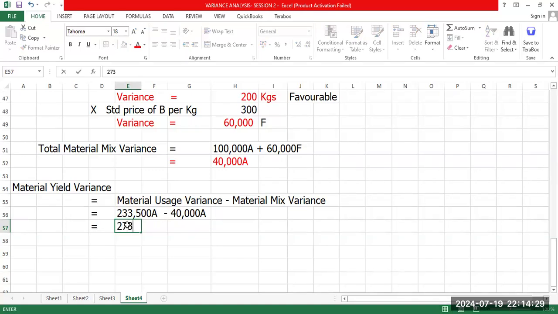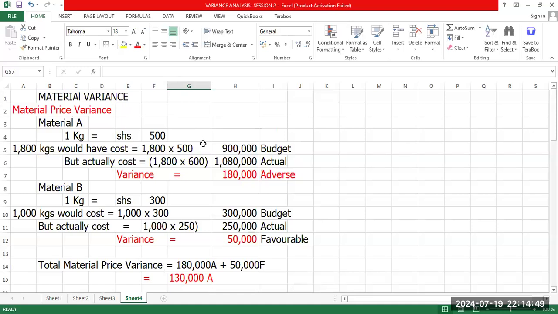Adverse or favorable? Adverse. All right. So that's all about this question.